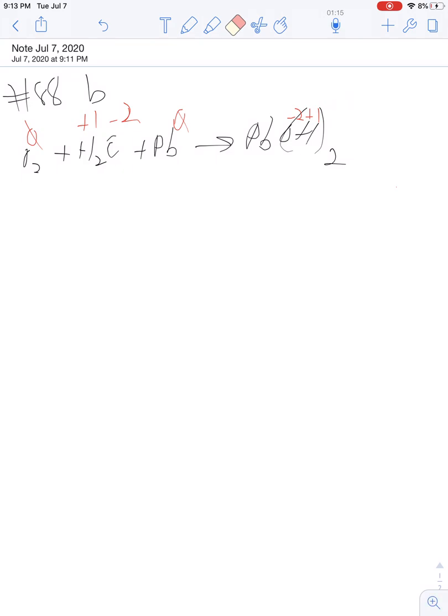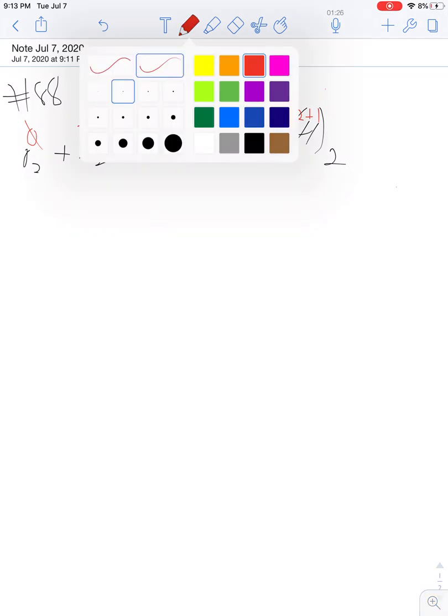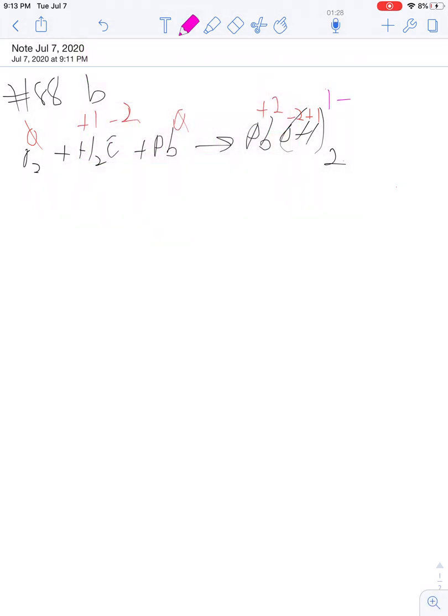So now I'm going to erase that, which means then my lead must be a +2, okay? Because I've got 2 hydroxides, so 2 times -1 is -2, so my lead must be a +2. All right, so I've got my oxidation numbers assigned.